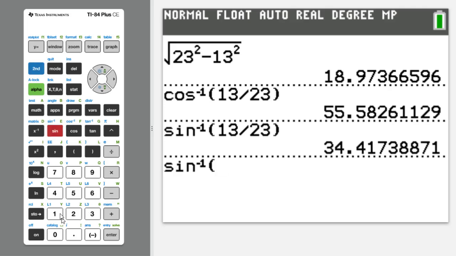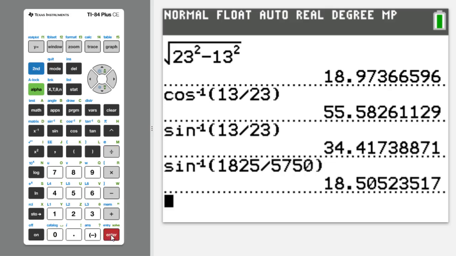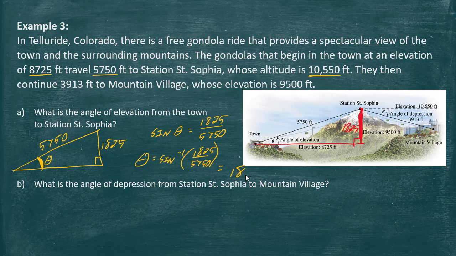It would be the inverse sine of 1825 divided by 5,750. And that gives us a value of approximately 18.5 degrees. So 18.5 degrees for that angle of elevation.